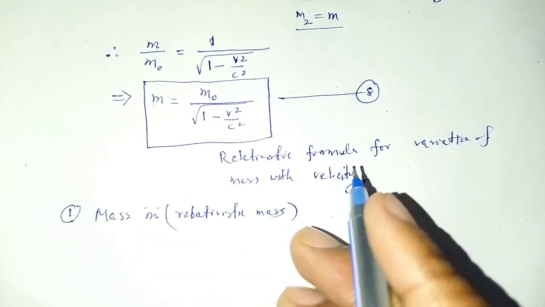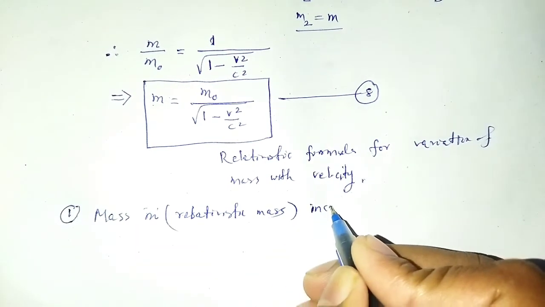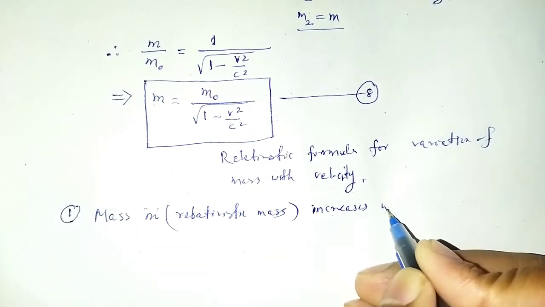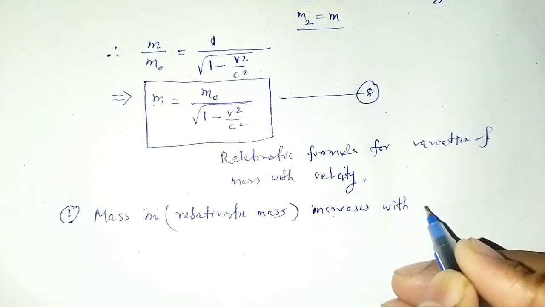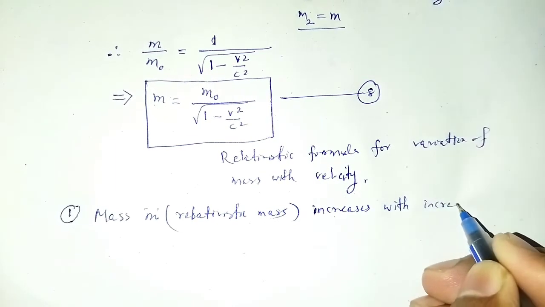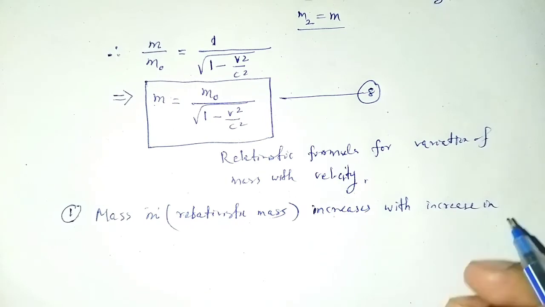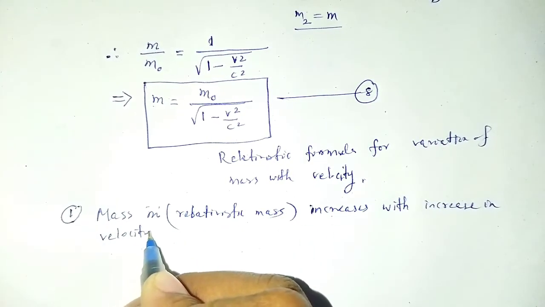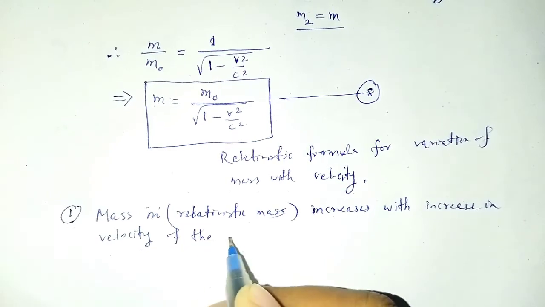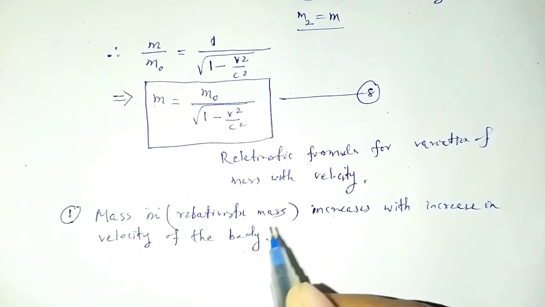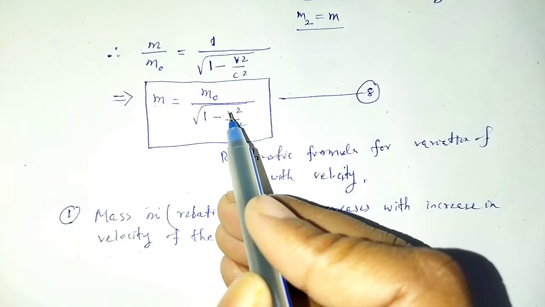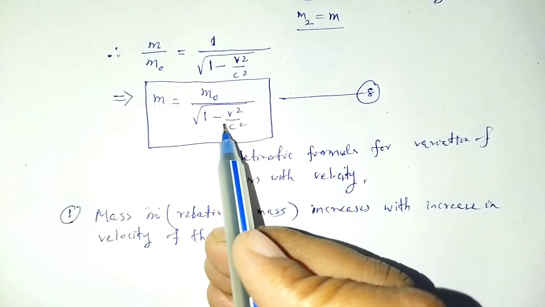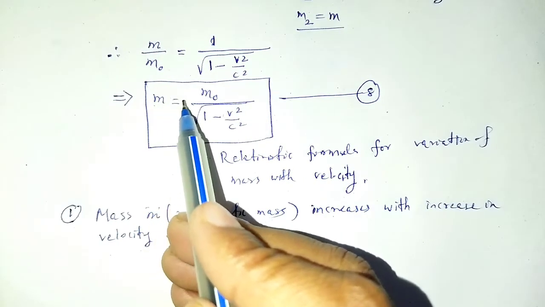That relativistic mass increases with increase in velocity of the body. As the velocity of the body increases, as a result, the relativistic mass also increases.